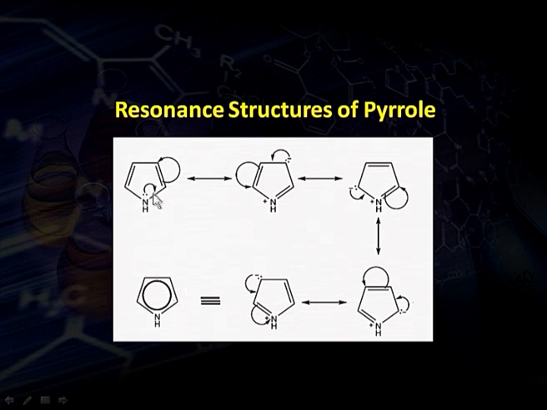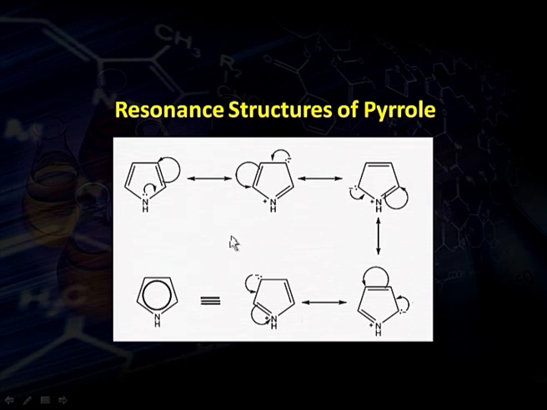Now, excepting one, all the other structures have charge separation. That is why these structures are somewhat less stable in comparison to this first structure, which does not have any charge separation, and that is why it is this structure which contributes most to the resonance hybrid structure of pyrrole.